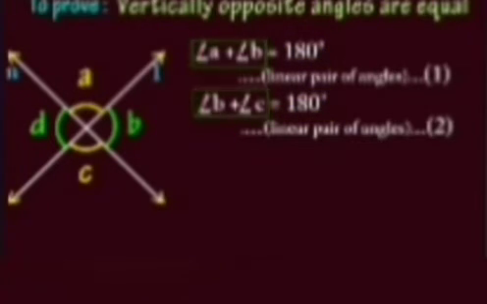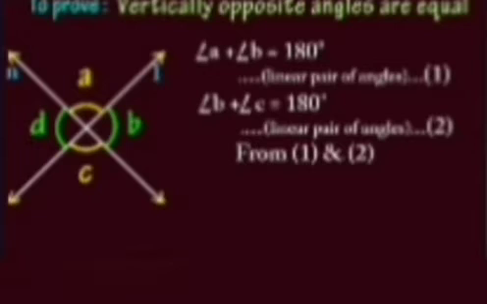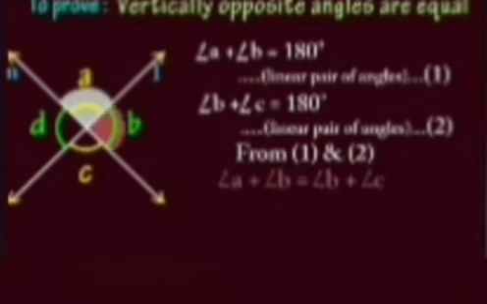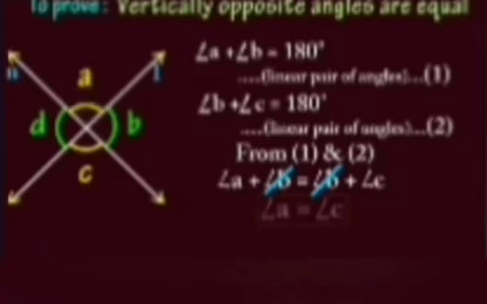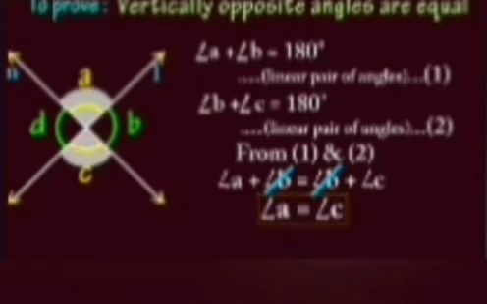We can equate the left hand side. So A plus B equals B plus C. Now here B on the two sides can get cancelled. So we'll be left with angle A equal to angle C. Hence we can say that the vertically opposite angles are equal.